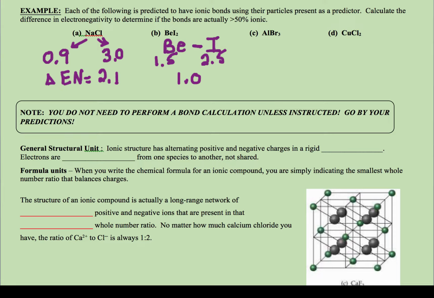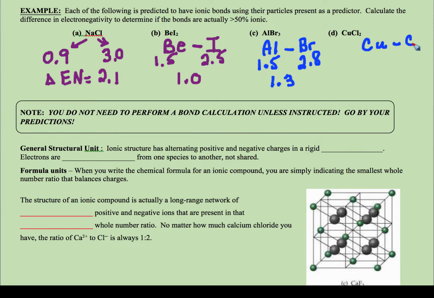Let's look at aluminum. We have 3 bonds between aluminum and bromine. You only do a bond. We don't multiply this by factors because there are 3 bonds. We have 1.5 and 2.8, metal, non-metal, predict it to be ionic. Lo and behold, its difference is 1.3, and so it doesn't even have 50% ionic character.